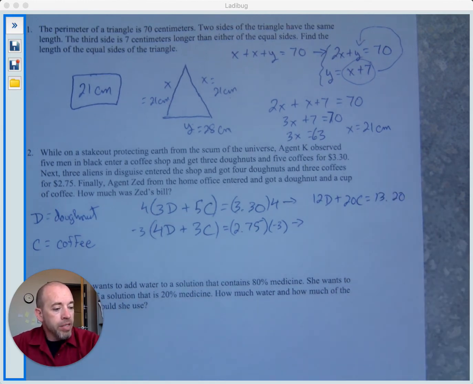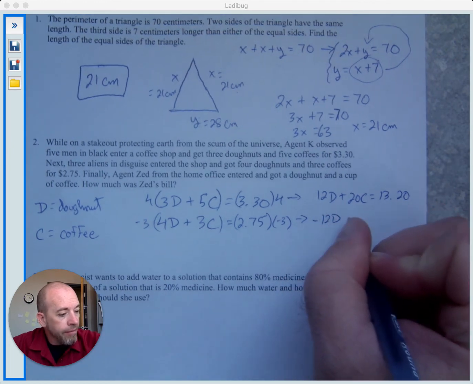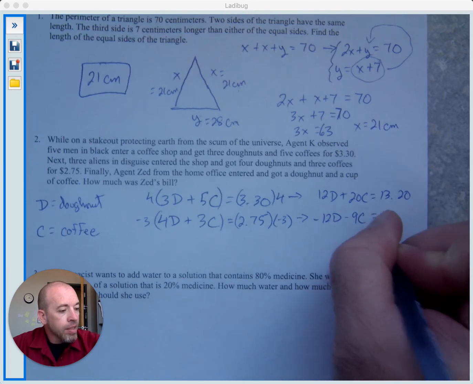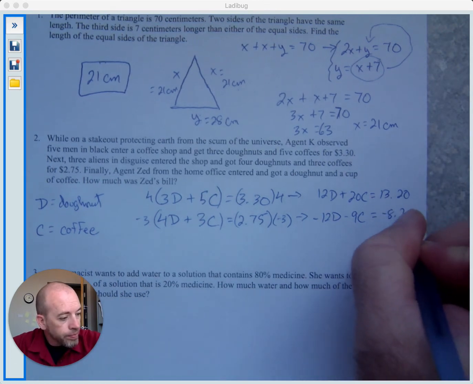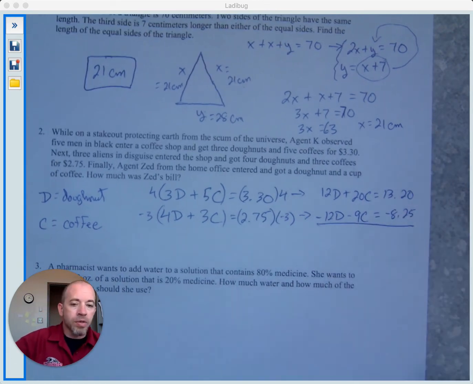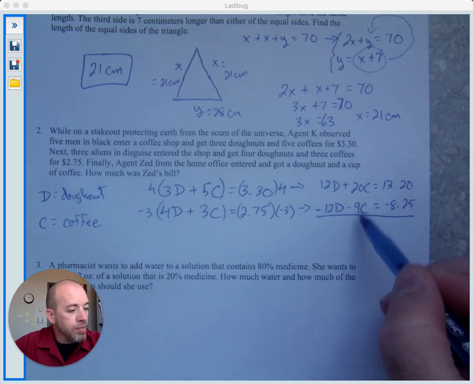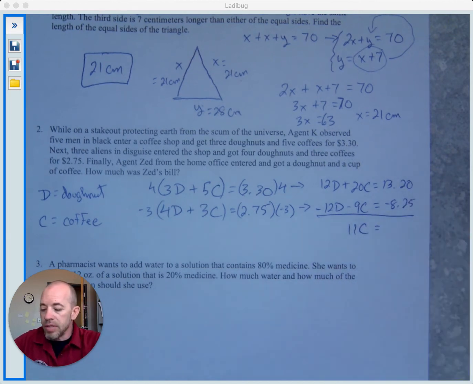And the bottom equation, we have negative 12D minus 9C, and let's see, 275 times negative 3, that's negative 825. Then we can add those equations together, right? The D's are eliminated. C's, we get 11C. And we add these 2 together, 1320 minus 825, that's 495.